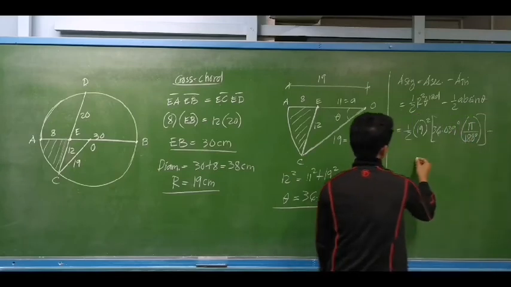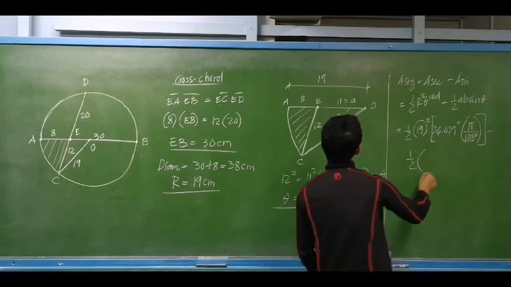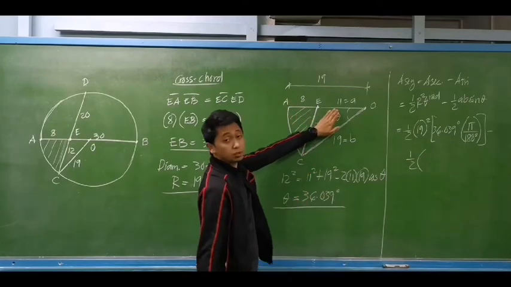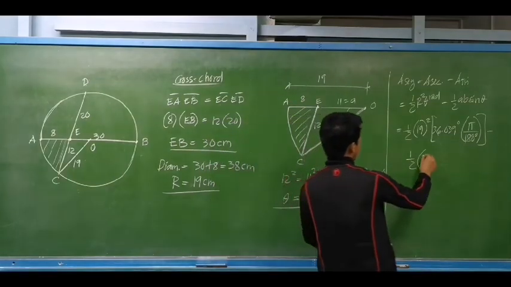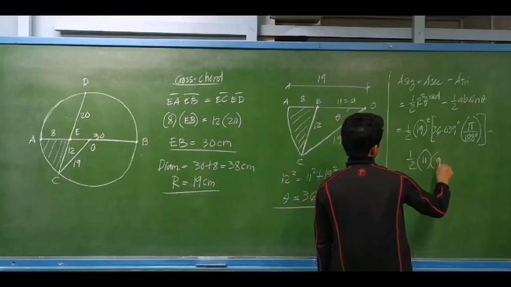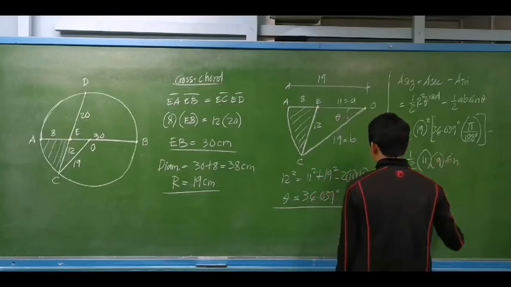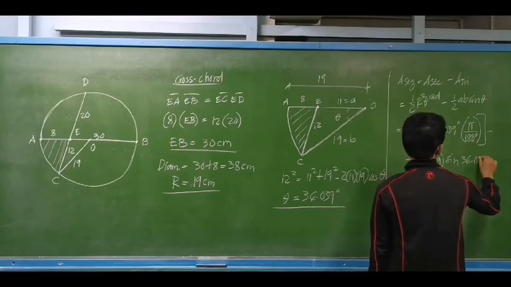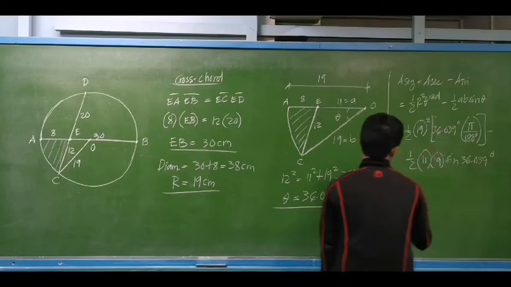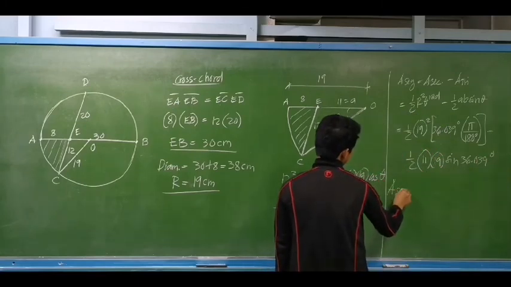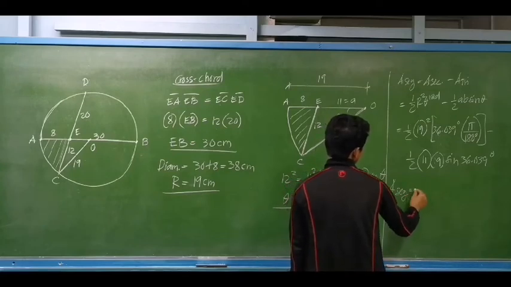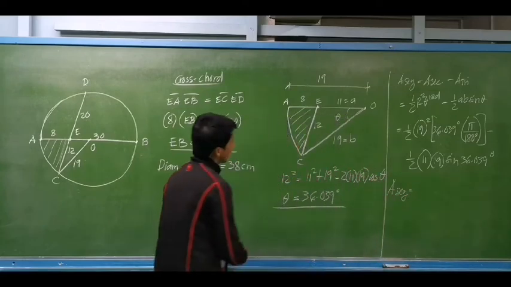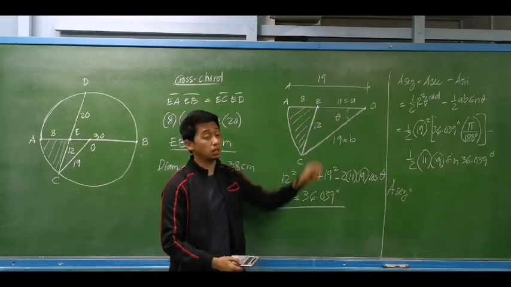Then minus 1/2. So, yung area ng sector, tanggalin yung triangle. 1/2 of A, 11, B is 19, the sine of our central angle, 36.039 degrees. So, makuha natin yung area ng segment. Okay, that is the same as yung area ng ACE.